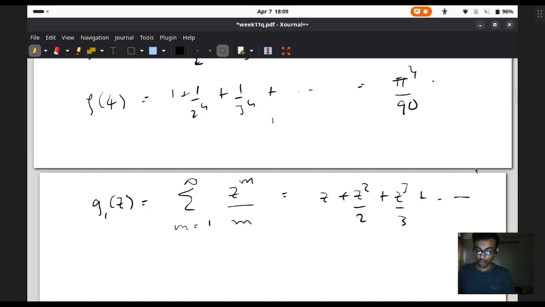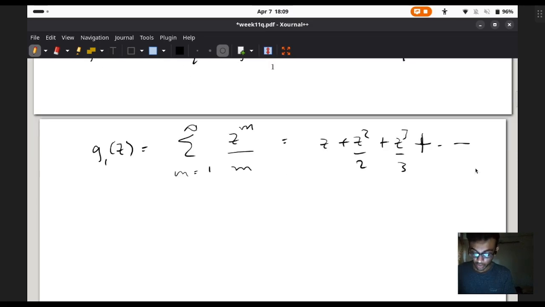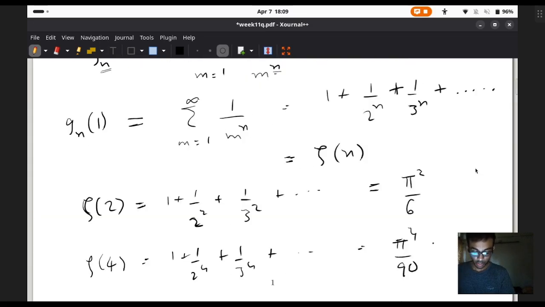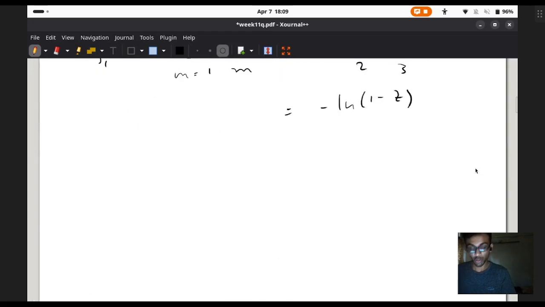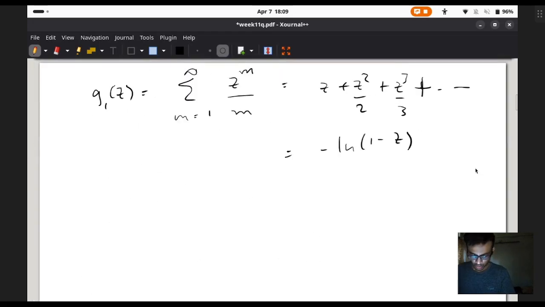From this series expansion, we can see that this is nothing but minus log 1 minus z. We could also just do this integral when n is equal to 1 and see that this is equal to minus log 1 minus z. So these are some special cases.